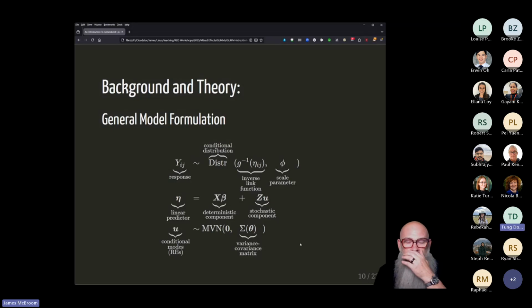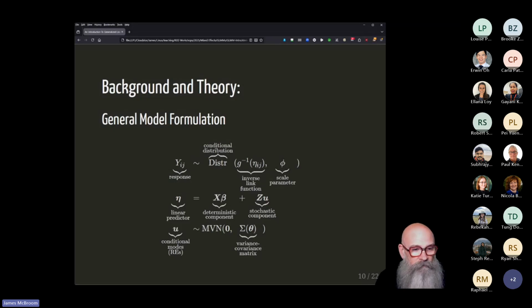Now, this is an even broader definition of GLMMs that also basically covers linear mixed effects models as well. It basically is what I've just told you. We've got a response variable. It has a conditional distribution. The mean of that conditional distribution is the inverse of the link function.